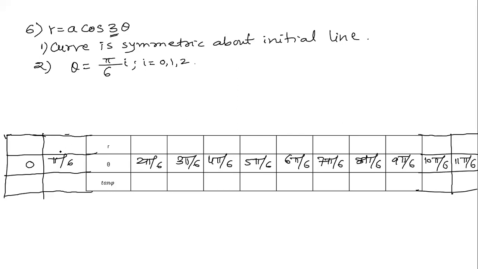And 12 pi by 6 is nothing but 0, that's all. And here r equal to a times cos of 3 times theta. So this will be a, then 0, then when theta equal to pi by 3, r will be equal to minus a, then this will be 0, and so on: a, 0, minus a, 0, as such.